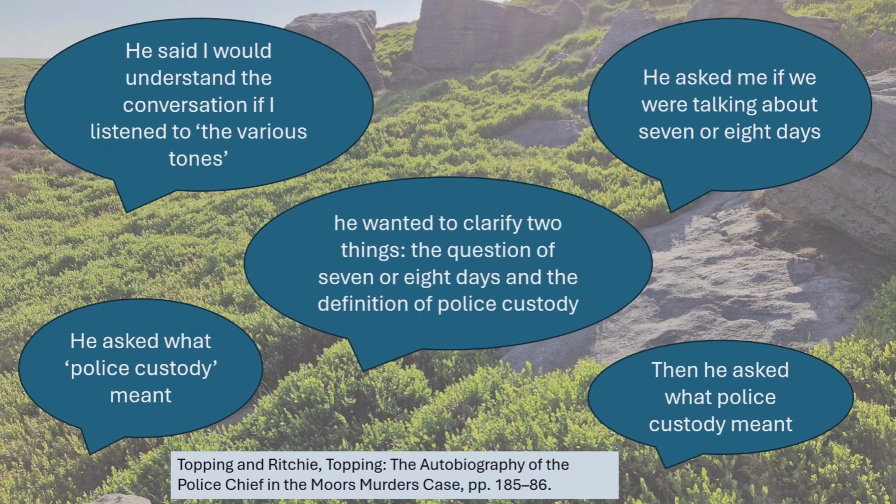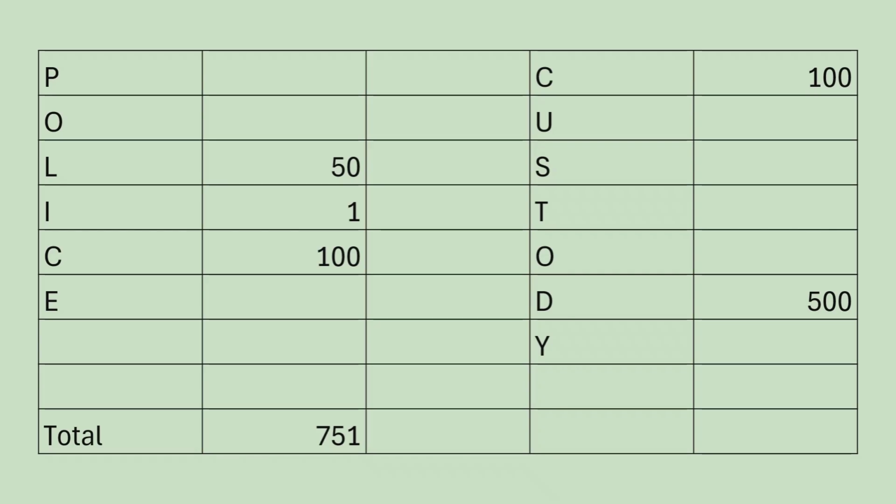I believe this could be another Roman numeral substitution cipher to come up with a grid reference, used in the same way as he did in the Gates of Janus for the Hoe Grain lay-by, but more specific to greystones this time. Brady asked DCS Topping the meaning or definition of police custody 3 times. It could be he wanted clarification of what it meant for him to be under the control of the police rather than the prison service while on the visit to Saddleworth Moor.